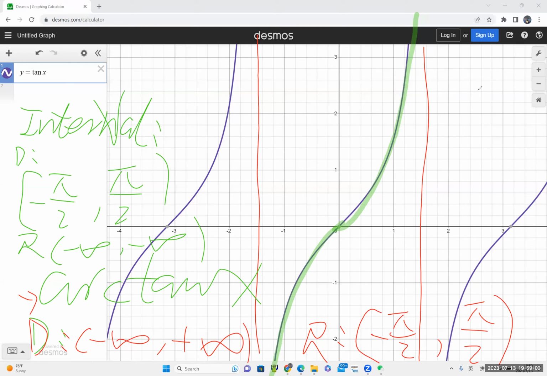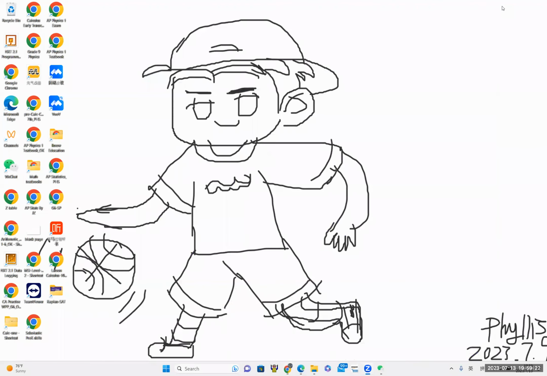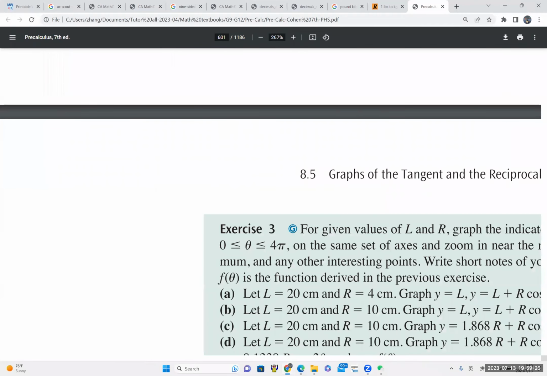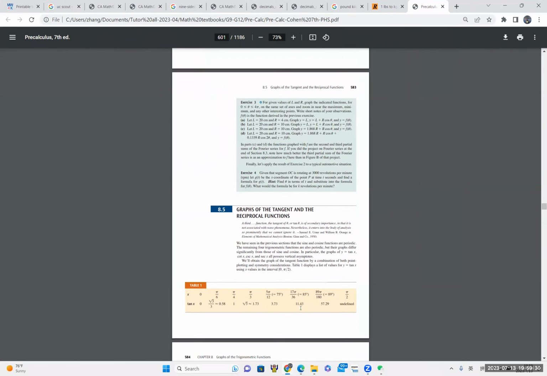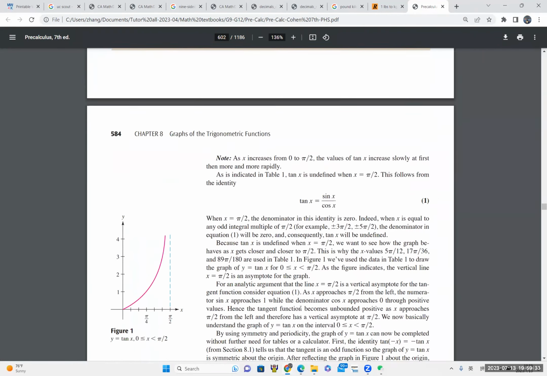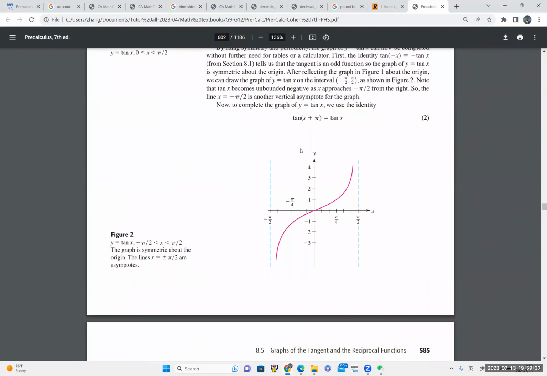Again, if you want, you can take a screenshot. Anyway, the period is pi.